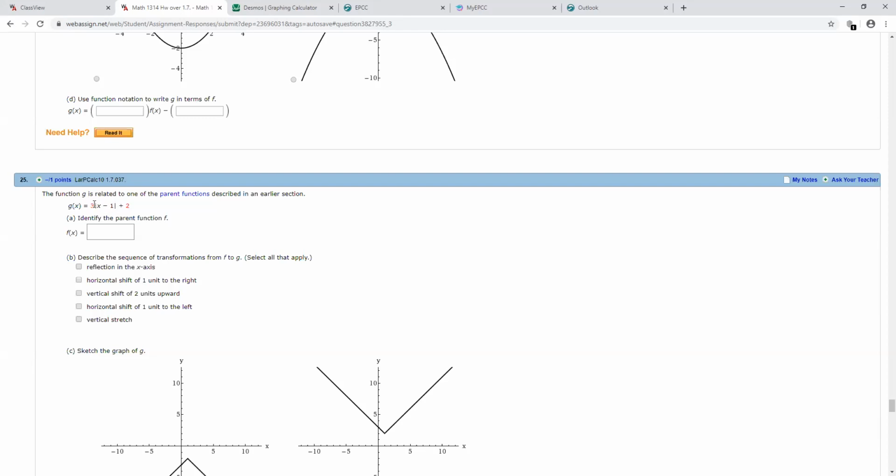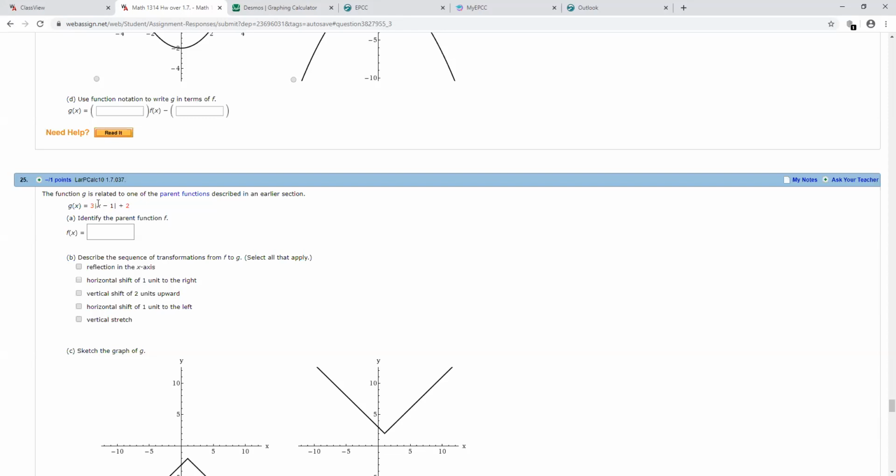What's this multiplication of 3 called? When you multiply the whole function in front by a number that's not -1, because that would be a reflection, what is it called? A dilation. And is it inside next to the x, which is a horizontal dilation, or is it outside the function, which is a vertical one?